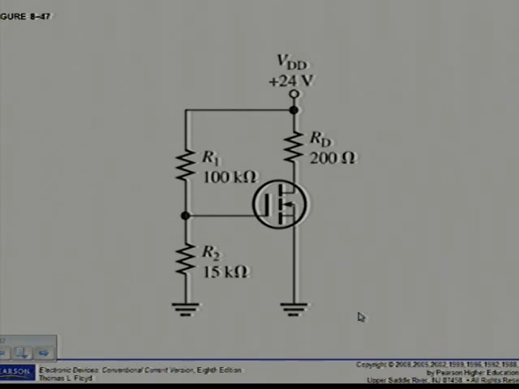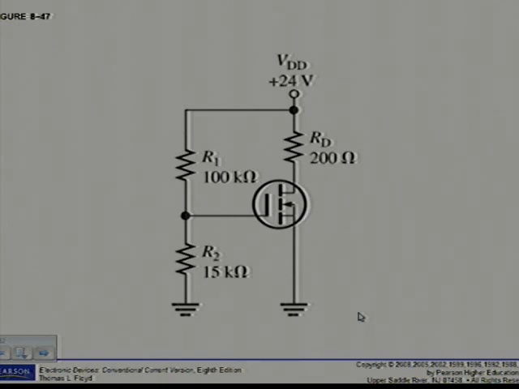Now calculate ID, same as we've done in the previous example. ID is equal to the normal formula, K times (VGS minus VGS threshold) squared, and I get an answer of 63.8 milliamps. And then finally, calculate VDS using Kirchhoff's law, which is VDD minus ID times RD. Using the ID just calculated, I get a value of 11.2 volts.